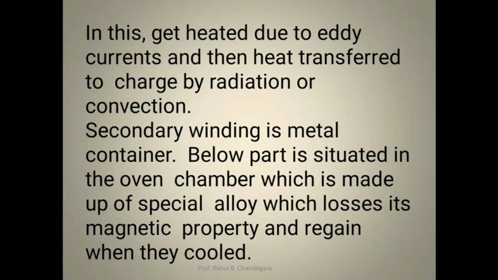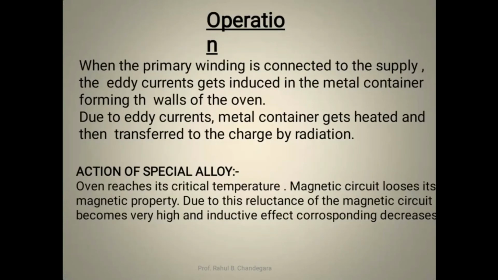The lower part is situated in the oven chamber, which is made up of a special alloy which loses its magnetic property when hot and regains it when it cools. Operation: when the primary winding is connected to the supply, eddy current gets induced in the metal container, forming the walls of the oven.